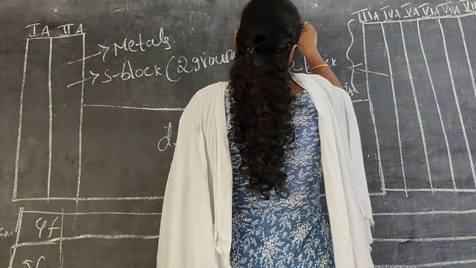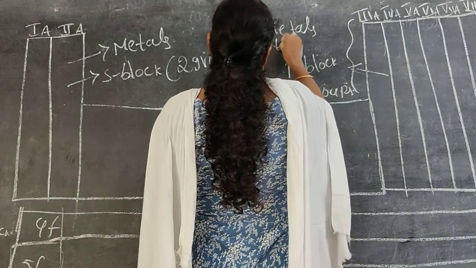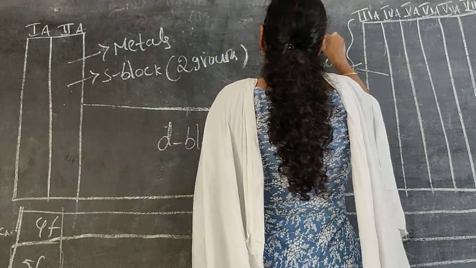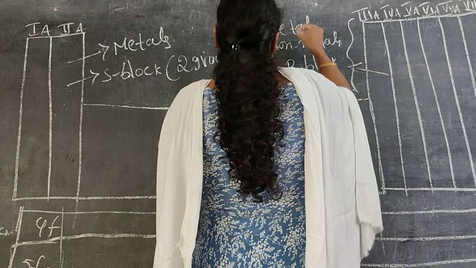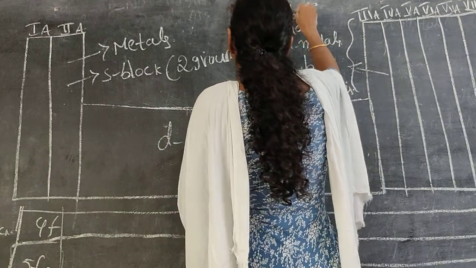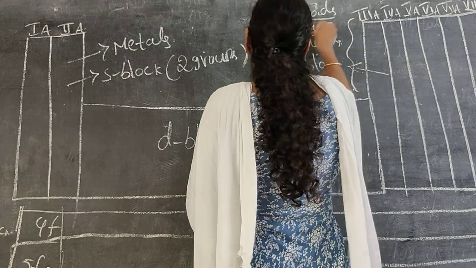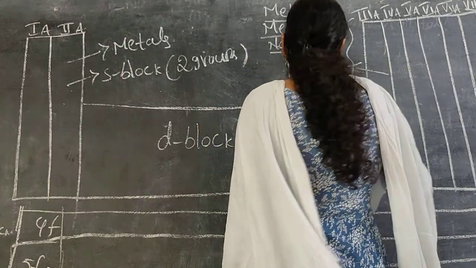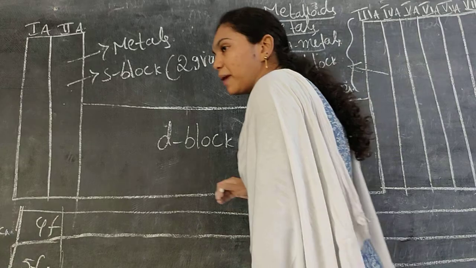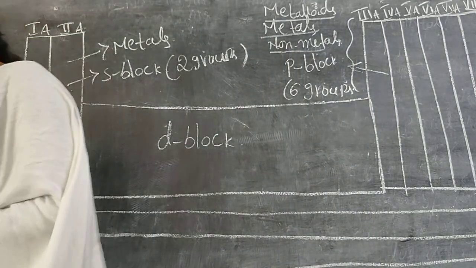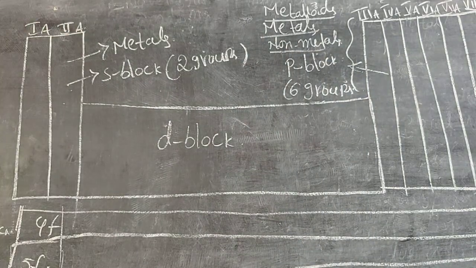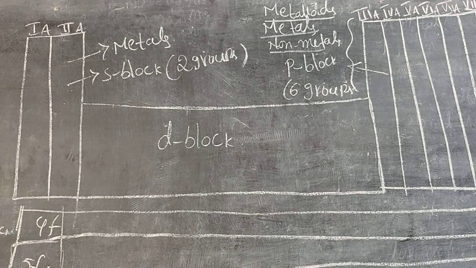Metals, non-metals, metalloids: three types of elements are present in the P block, but only metals are present in the S block. Only metals are located in the S block, but in the P block, metalloids, metals and non-metals are present.